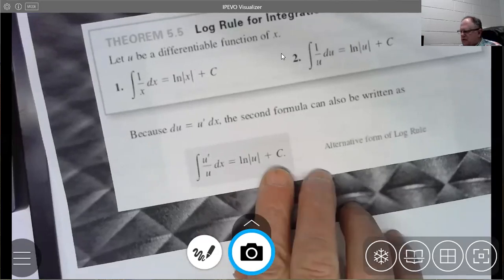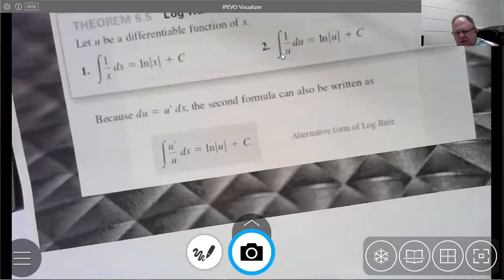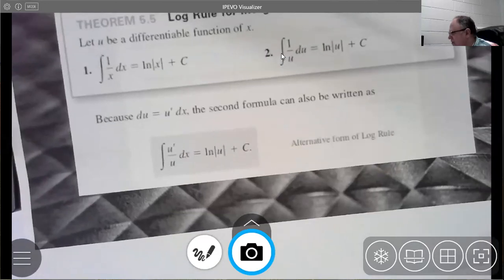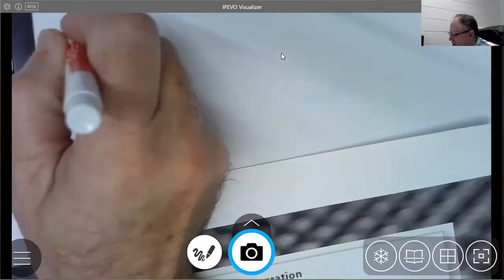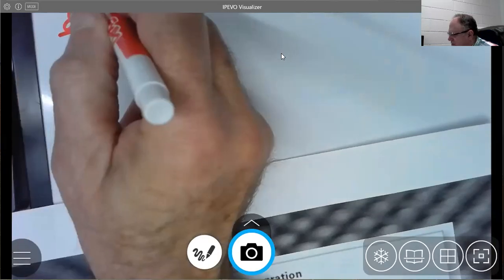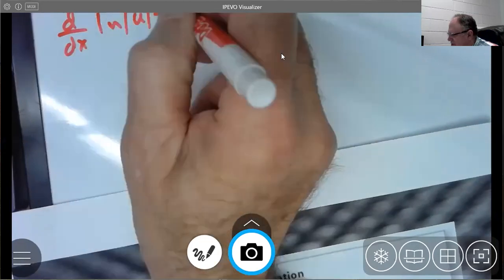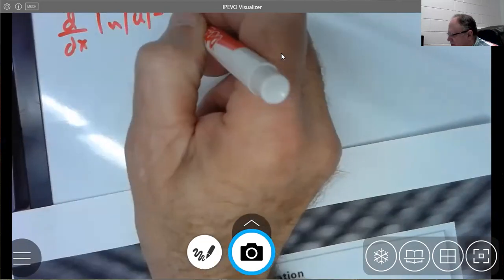All right, so we're going to use these formulas, and I'll put them at the top of the page as we are working through them. So I'm just going to put here d over dx of natural log u is u prime over u.